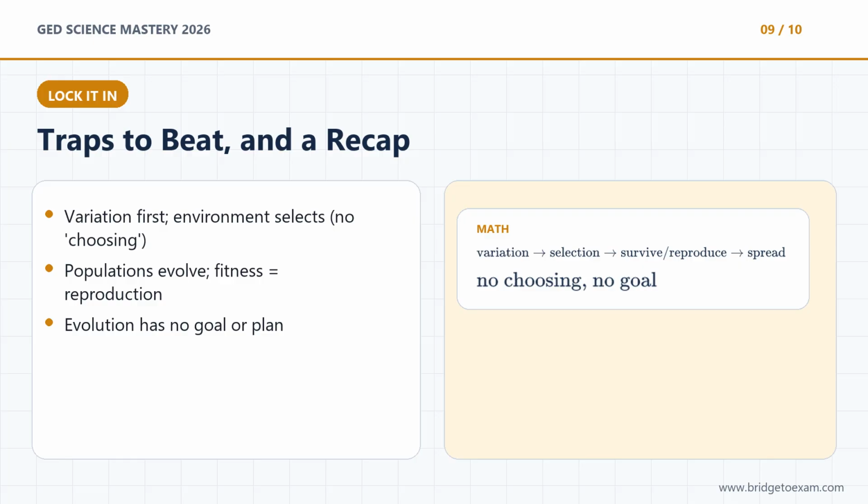No. It means reproductive success. 4. Evolution has a goal. No, it does not. It simply favors whatever helps survival right now. The recap: variation, selection, survival and reproduction, and the trait spreads. If an answer says an organism decided or tried to change, be suspicious.